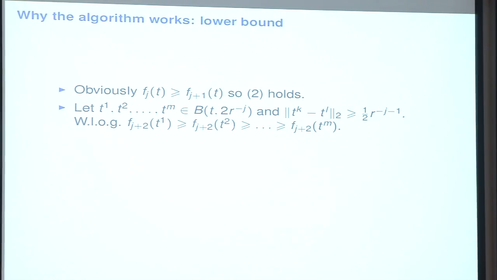that are contained in the ball B(t, 2R^{-j}), that are separated on the level half and this quantity. Once again, we can reorder them because it's for free.